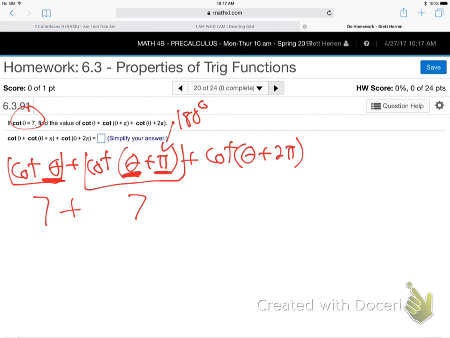It's got to be the same value. And then this is into the second cycle, 2 cycles down the road. This is also 7. Done. Makes sense? We're just making sure you know cotan has a cycle of 180, pi radians. All is well on that.